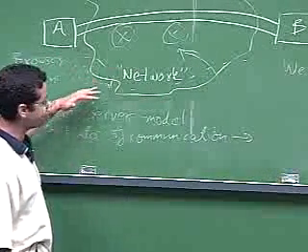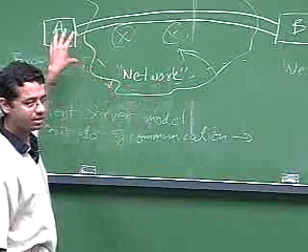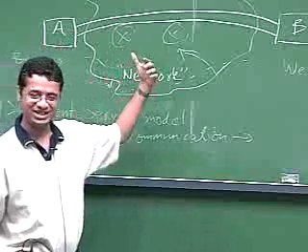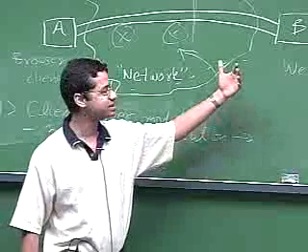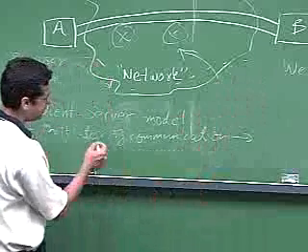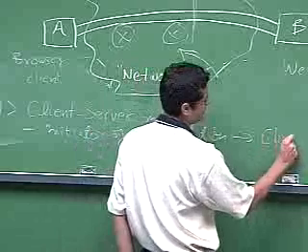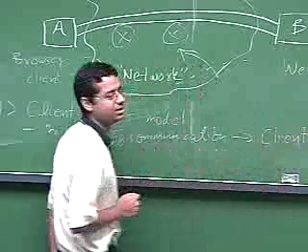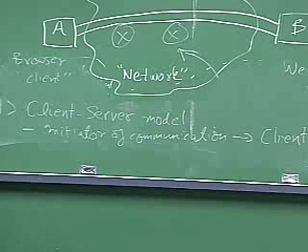So in a client-server view of these end systems, the client is the node which is always going to initiate the communication, and the server will always respond. So in this initiator of communication view, the client is the one that initiates. And the server responds.